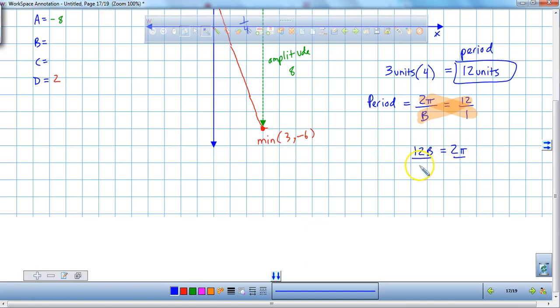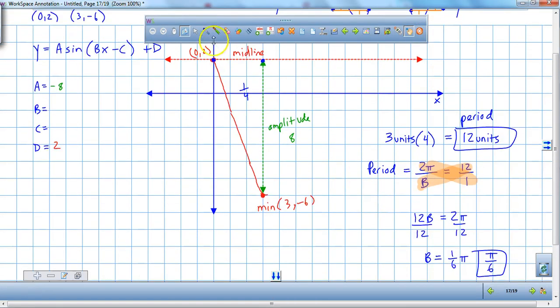Then we just divide both sides by 12, and b equals 2 pi over 12, which reduces to 1 over 6 pi, but we're going to call it pi over 6. So our b value is going to be pi over 6. We'll put pi over 6 right here.